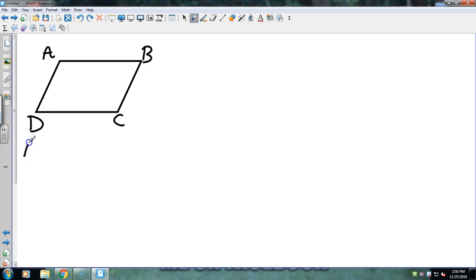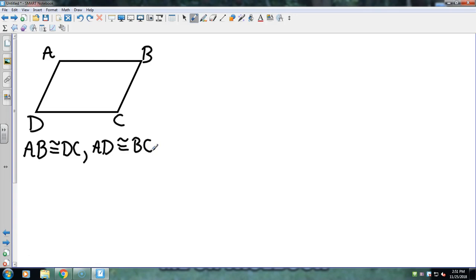Okay, so AB is congruent to DC, and AD is congruent to BC. Okay, so opposite sides are both congruent and parallel.